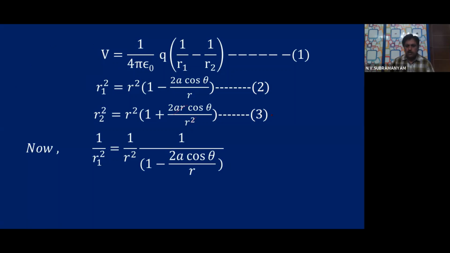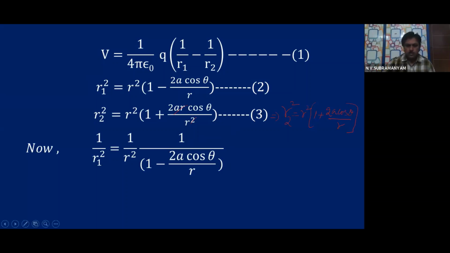This is actually r2 square equals r square into 1 plus 2a cos theta divided by r.